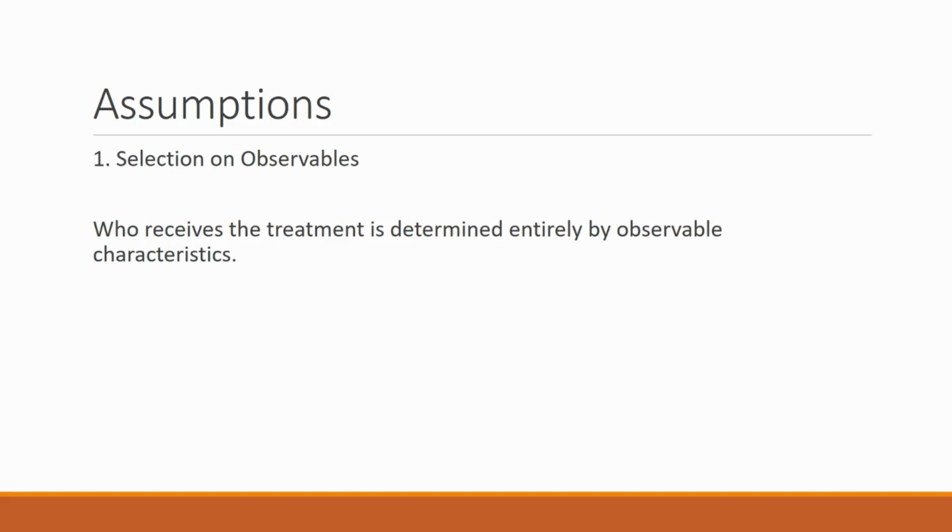All right, so the question is, what are the characteristics that determine whether or not someone is in this treatment group versus the control group? What are the characteristics that determine whether or not the students own a textbook or do not own a textbook? What are the things that determine that?